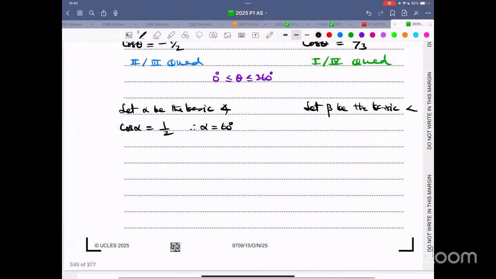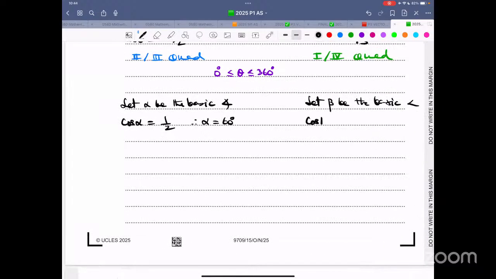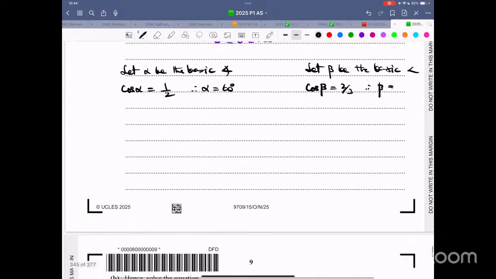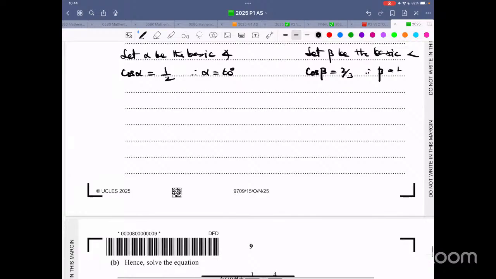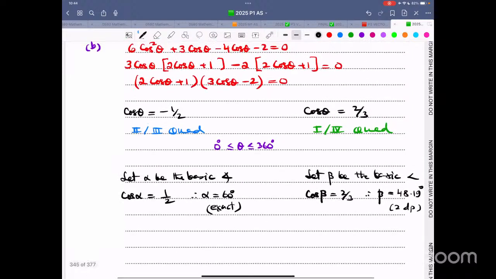That's a famous angle. Cos of beta is 2/3. Therefore, beta comes out to be, so let me go to the calculator and get this value, which is how much? That comes out to be 48.19 degrees. 48.19 degrees, work in 2 dp. This one is exact, so no worries. Now this thing is done.